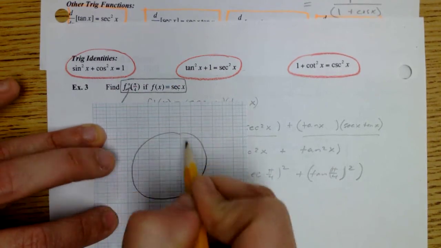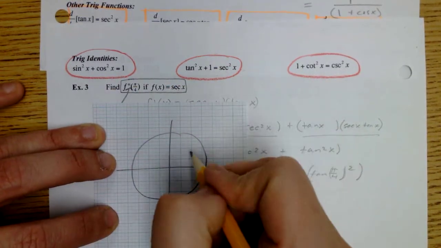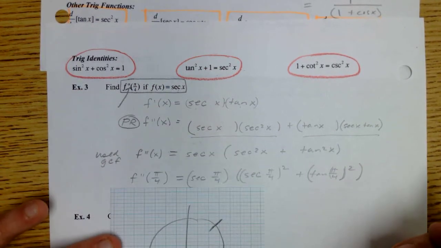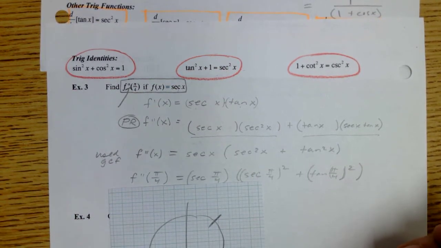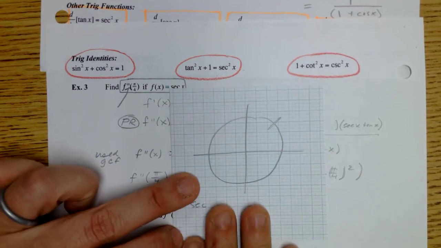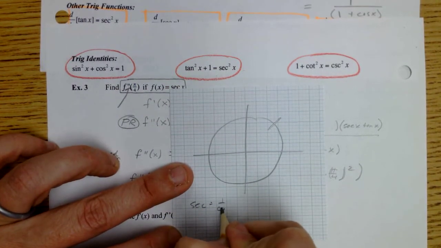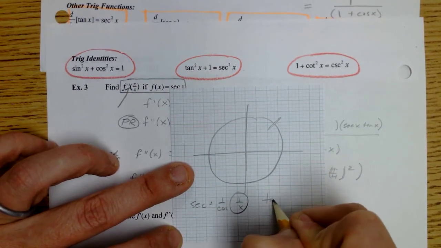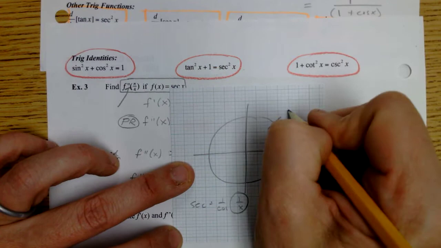Pi over 4, it's going to be up here, the 45. I need two things. I need secant, which goes back to cosine. So remember, secant is equal to 1 over cosine, or 1 over x. And I'm also going to need the tangent, and tangent is y over x.